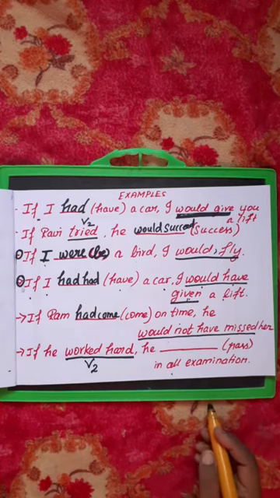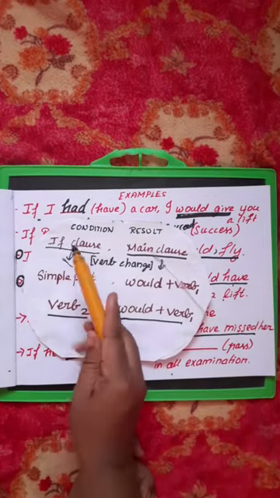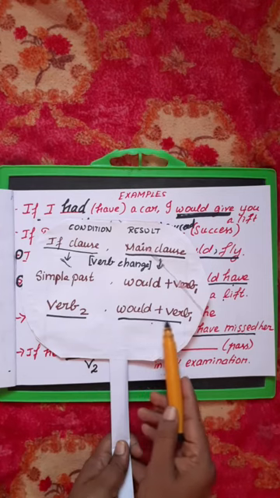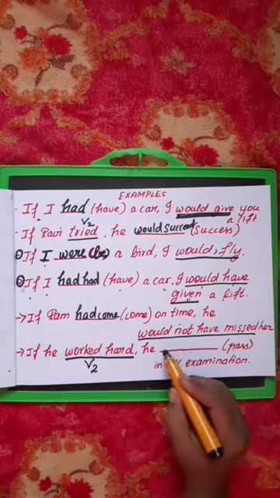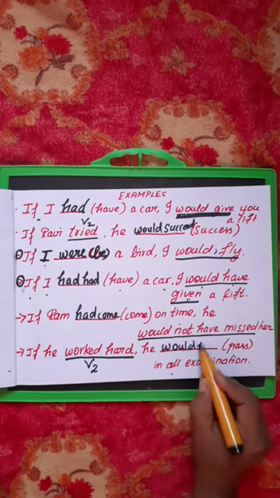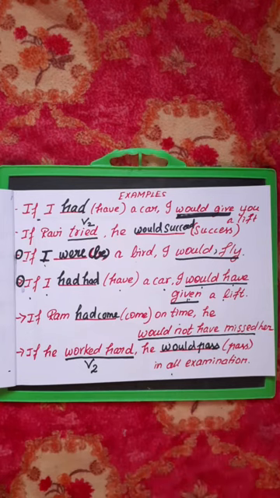V2 means, do you remember the format? In the if clause, if you find V2, in the main clause we have to use would plus V1. So, would pass. If he worked hard, he would pass in all examinations.